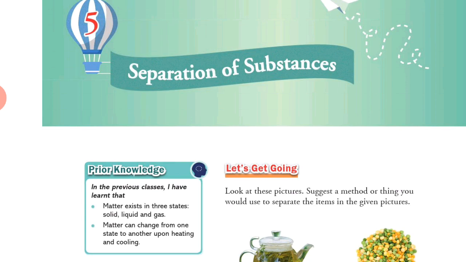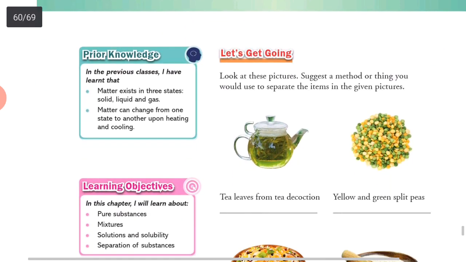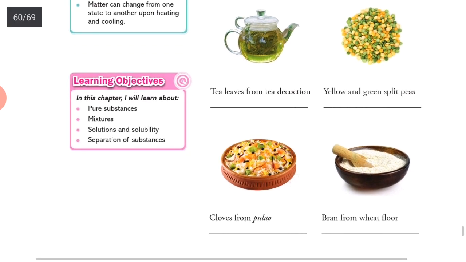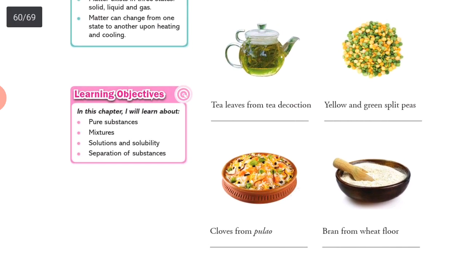Okay, you can see a picture shown over there, and in these pictures, you need to separate out one thing from another, like tea leaves from the tea, yellow and green split peas, cloves from the pulao, as well as bran from the wheat flour.